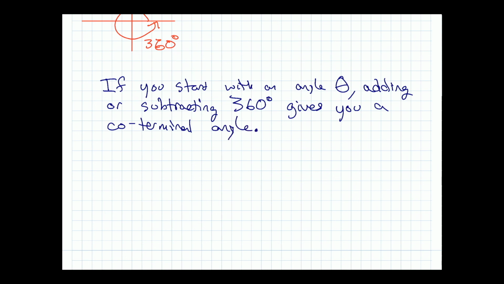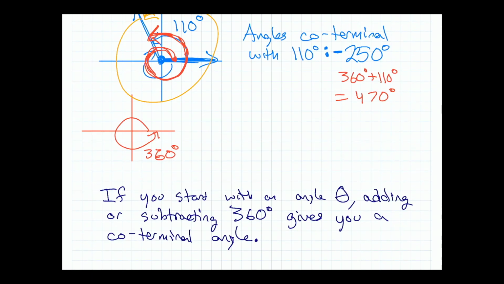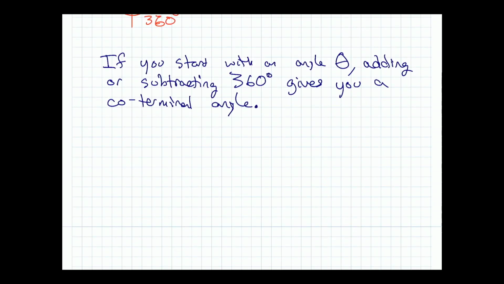And the reason for that is what we just said, right? 360 degrees is a full revolution around the circle, so it drops you off where you started, okay? So that's a key here.